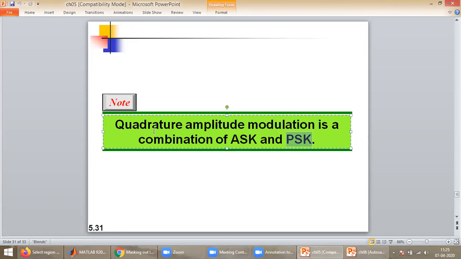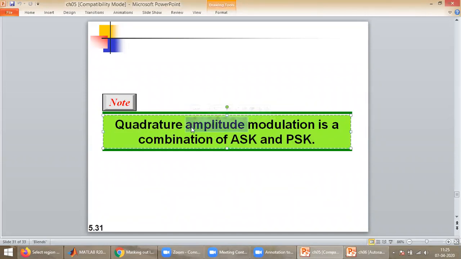So suppose the exam asks a question related to quadrature amplitude modulation, be careful. Quadrature phase shift keying method is different. Quadrature amplitude modulation is different, and quadrature amplitude shift keying method is different.